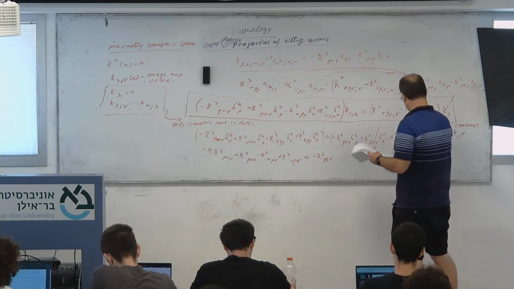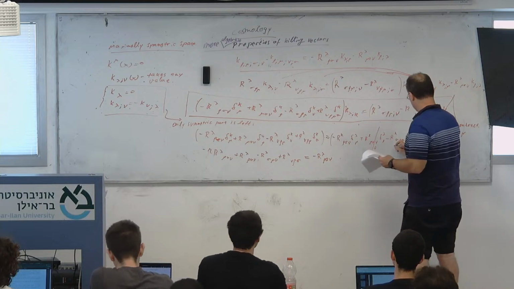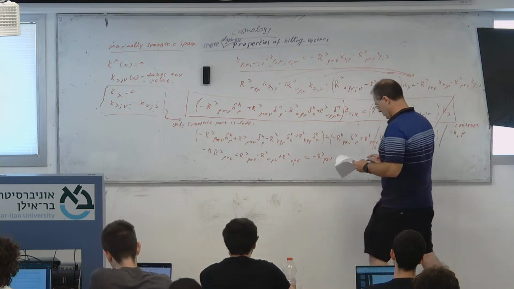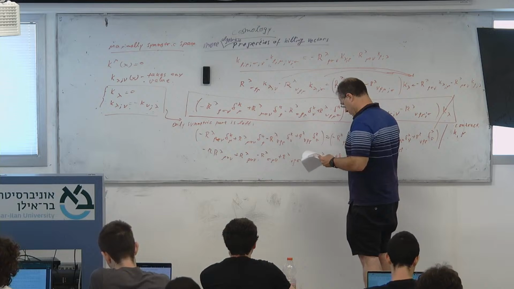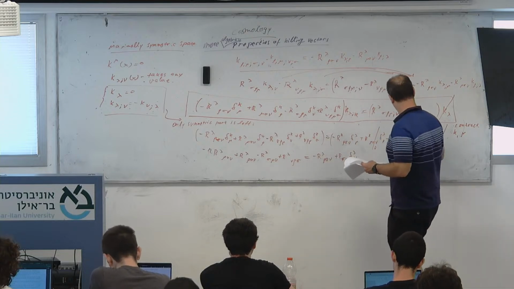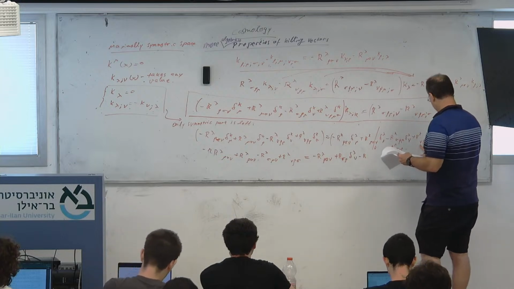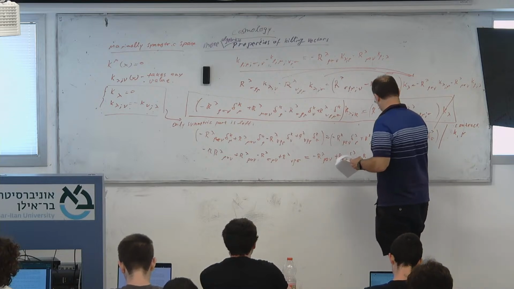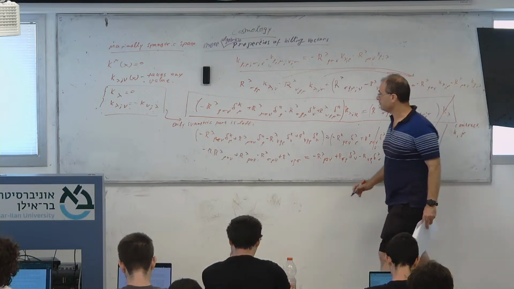Here I have a minus r kappa mu, so it's a plus r mu sigma mu rho, so this is r sigma rho, so plus r sigma rho delta lambda mu. And here again I have a minus r mu rho delta lambda sigma. Okay?